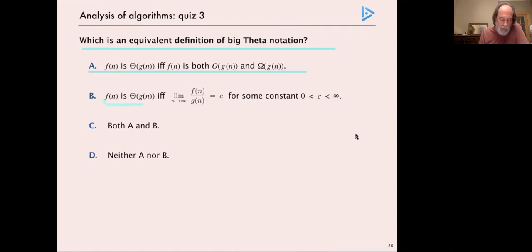f of n is big theta of g of n if and only if the limit as n goes to infinity of f of n over g of n is some constant c that's larger than 0. Why?